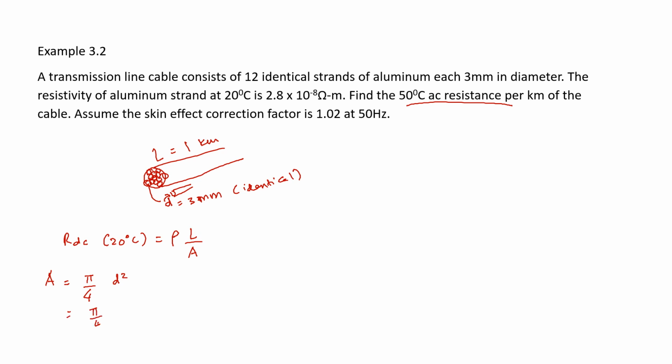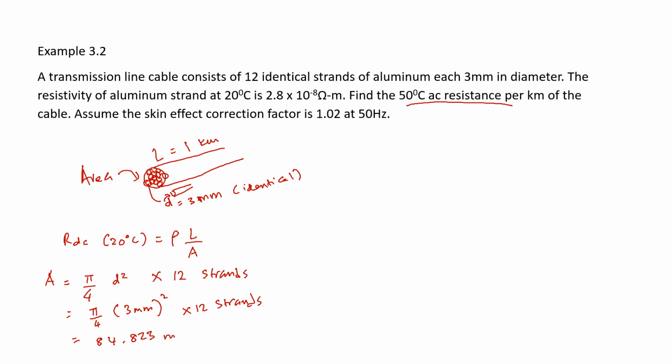So we can put all the values here. Diameter is equal to 3 mm. So we get the area here. Because we have 12 strands, we need to multiply with 12 strands to obtain the area of the conductor.